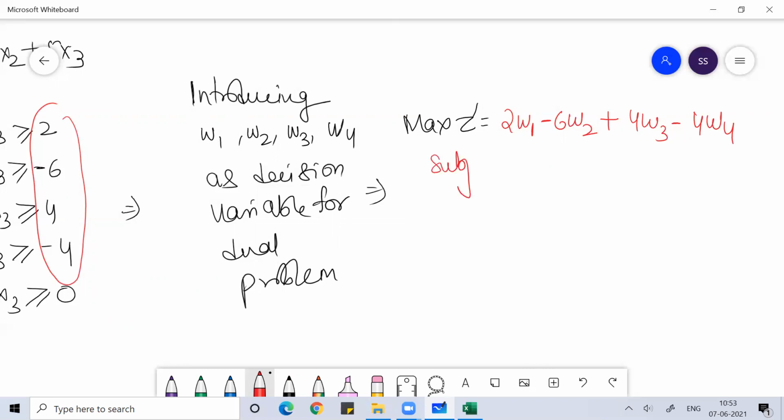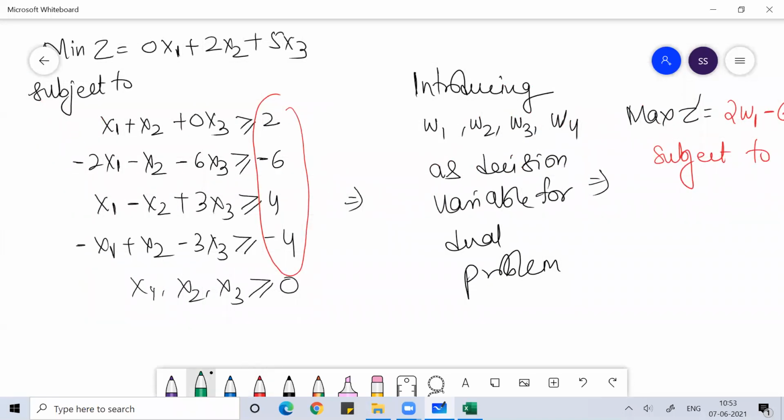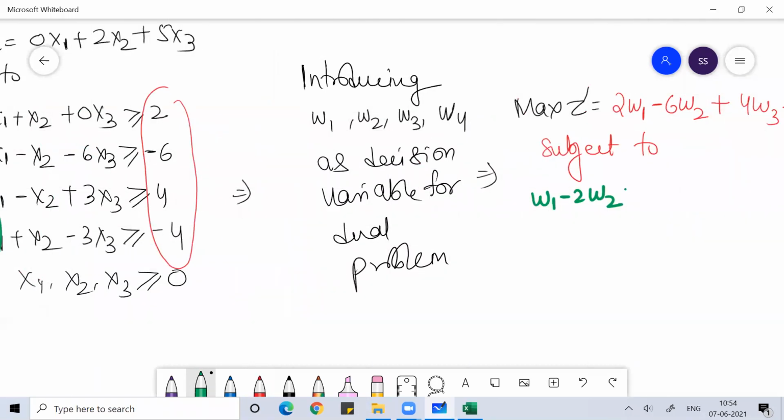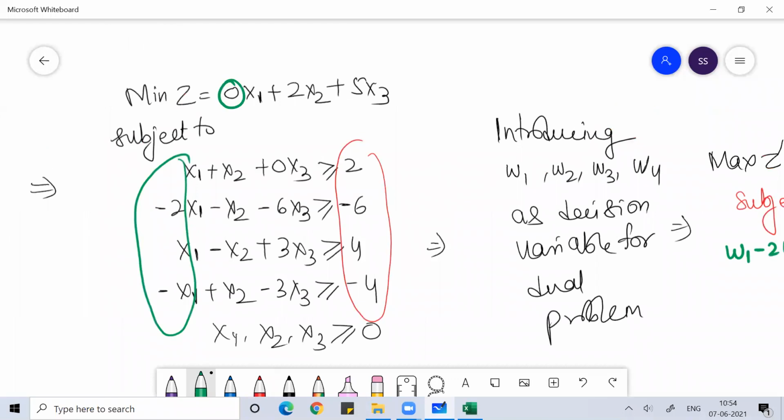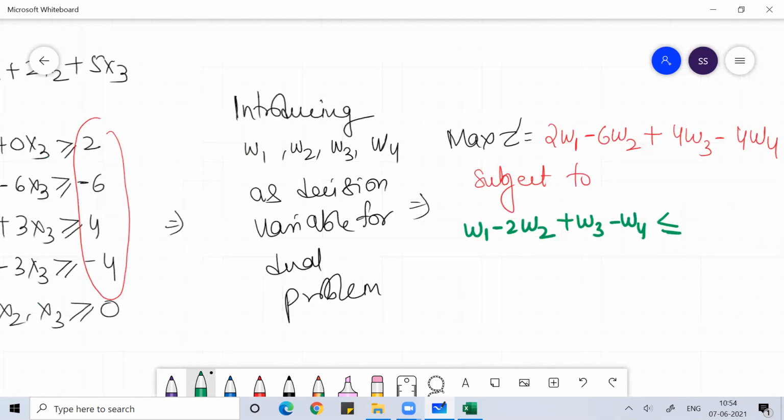Subject to, when you write your constraint of the dual, you'll take the transpose of these cost coefficient values. So this is subject to W1 minus 2W2 plus W3 minus W4. You're writing a maxima function here, so the sign will be less than or equal to, and the cost coefficient will become the RHS, 0.